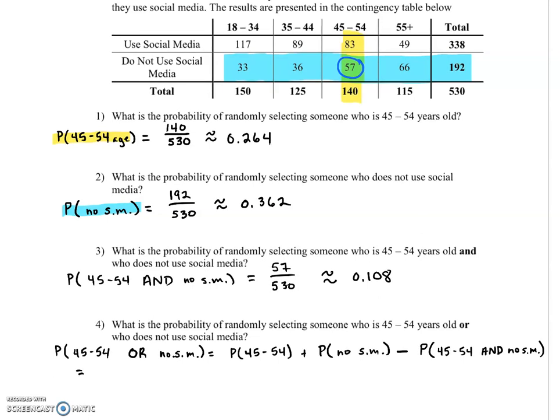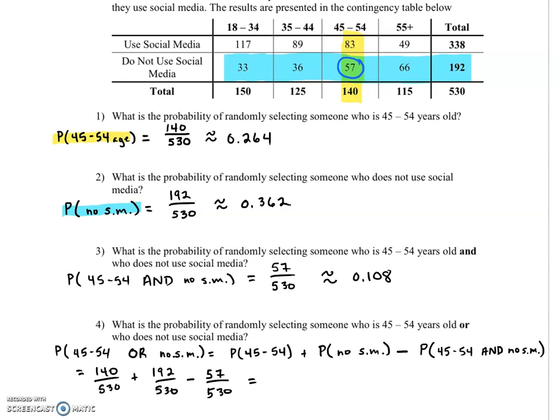So if we put that in the calculator, we have 140 over 530, that's the probability of being 45 to 54, plus 192 over 530, which is the probability of not using social media. And then we're going to subtract off those 57 people that are in both of those categories so that we do not count them twice.